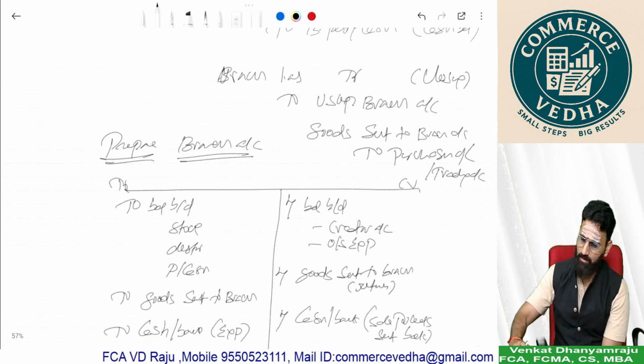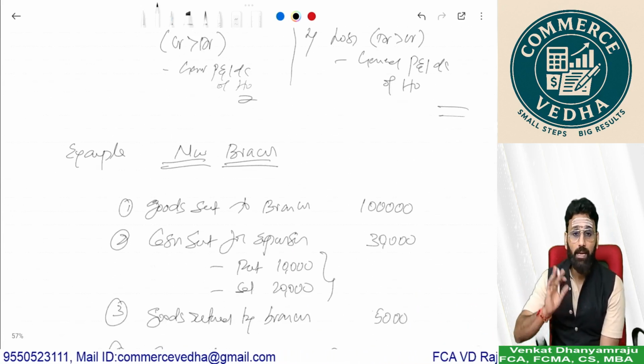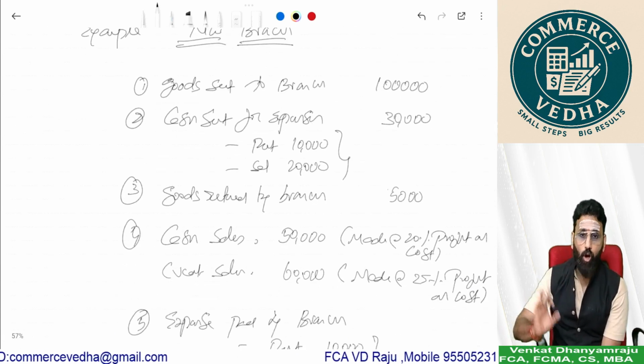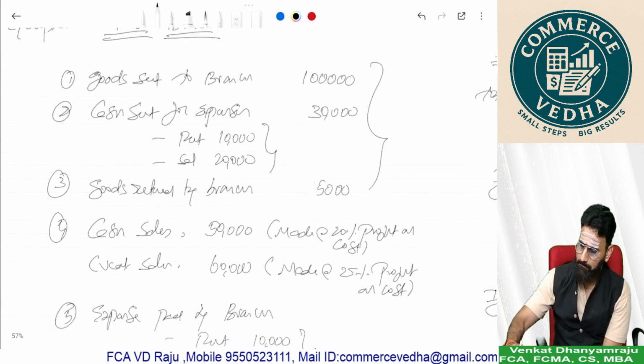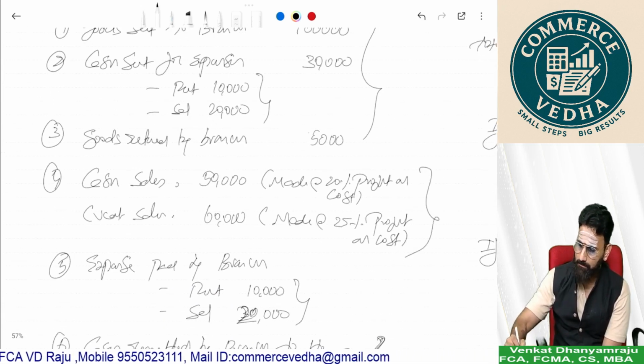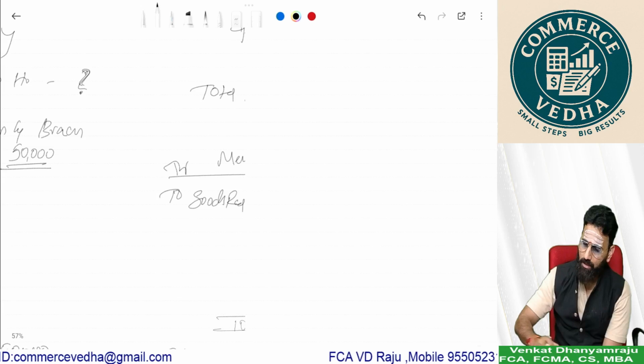So this is the basic introduction of your dependent branch cost price method. This is a sum I've given with the data, and we did the solution here.